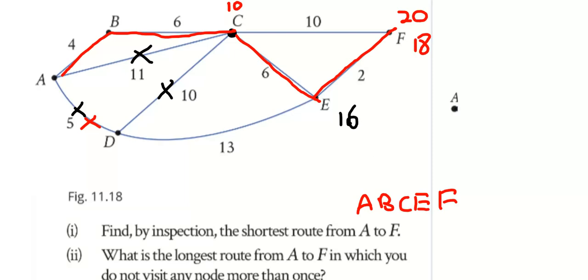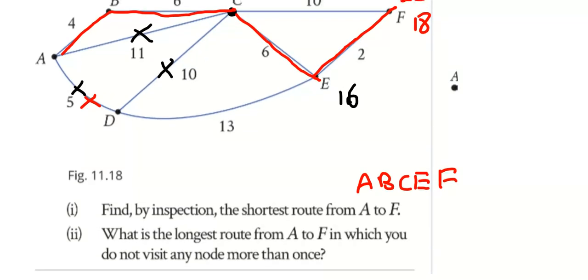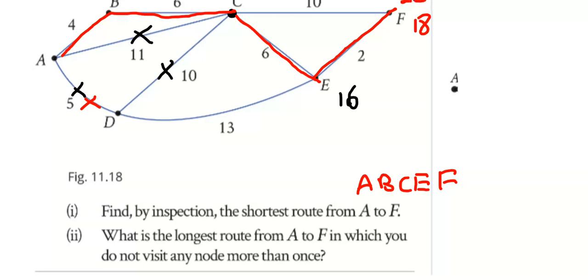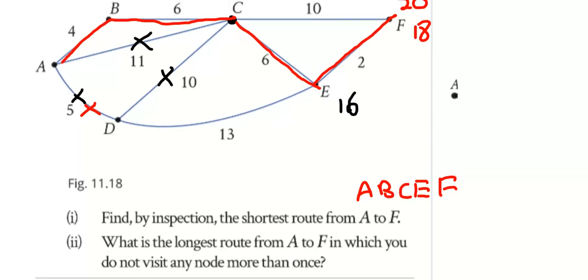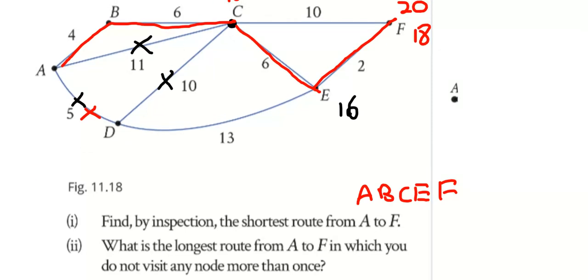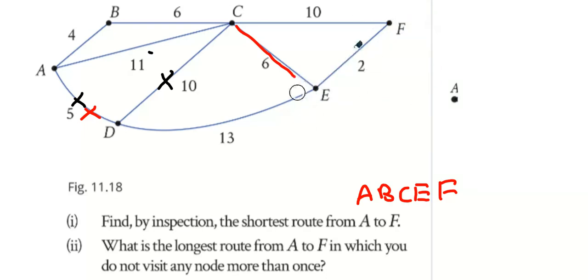Okay. What is the longest route from A to F in which you do not visit any node more than once? So the longest route, no more than once. Okay. Let me see. Well, we'll go back again and go through our full system, this time eliminating out the, well, we know that A to B and B to C is a shorter route of 10, while A to C is 11.